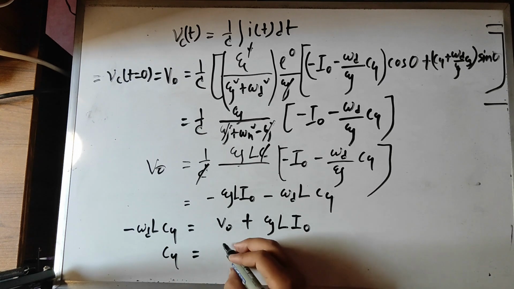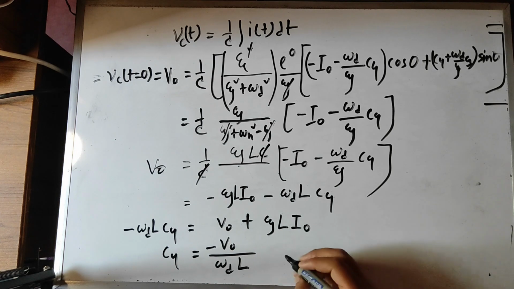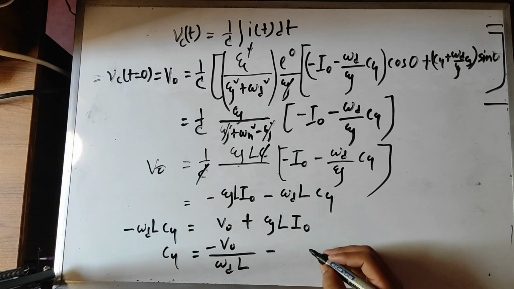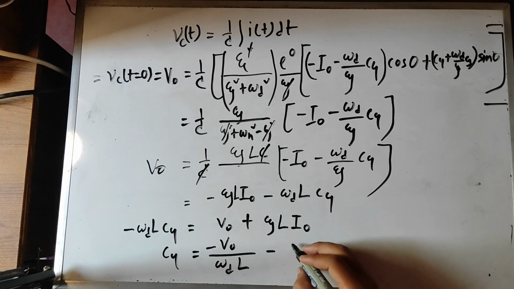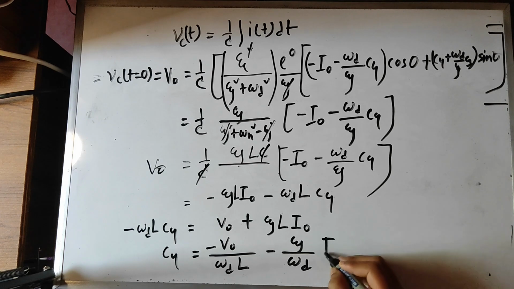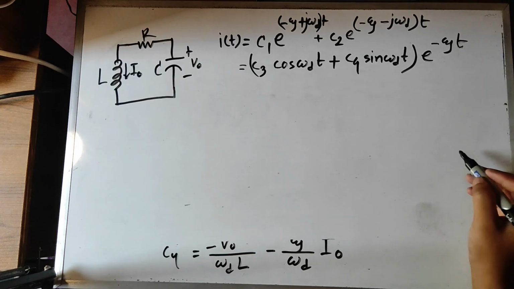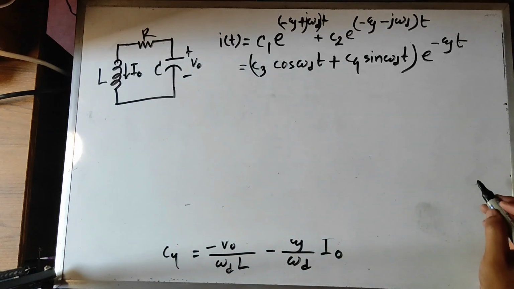So C4 is V0 minus omega_d L, minus zeta by omega_d. So now we have found our arbitrary constants.